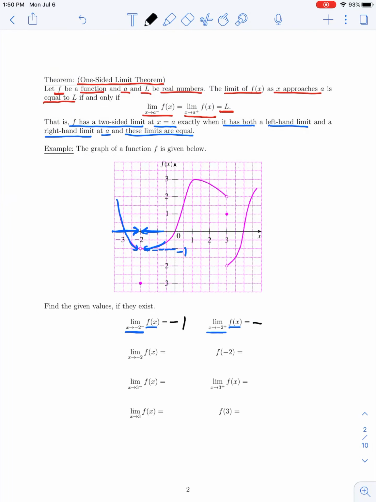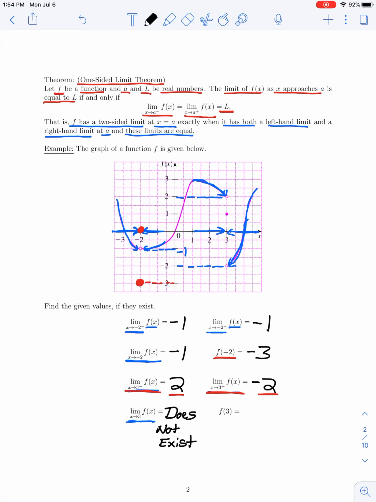Since there is no single number that we're approaching from both directions, the two-sided limit is undefined or does not exist. And then in the last part of this example, we're asked for the value f of 3. So when x is actually equal to 3, we can see from our graph that there was a hole here and a hole here, but there is a closed point here at the point 3, 1. So when x is equal to 3, the value of our function is 1.